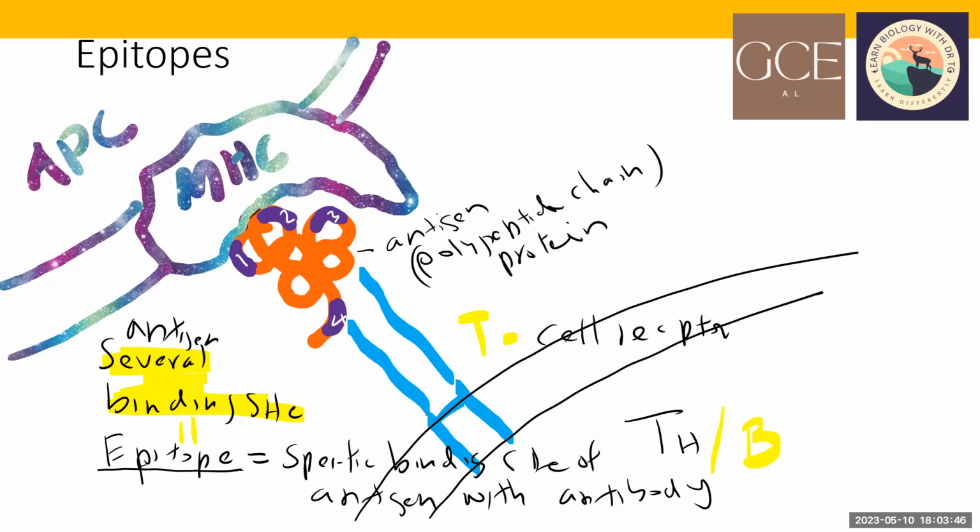Okay, this is the end of T helper cell activation. We learn T helper cell activation in a little more detail because, if an examiner wants to make questions, the examiner knows this is the most important information in immunity, activation of T helper cells.